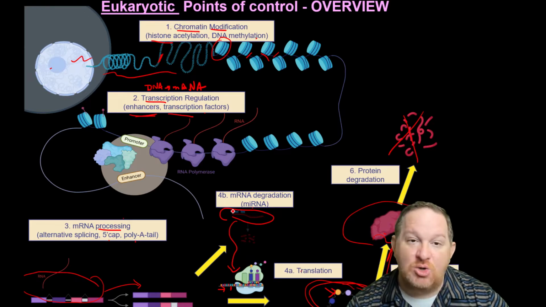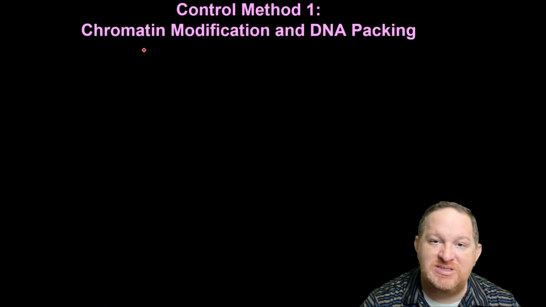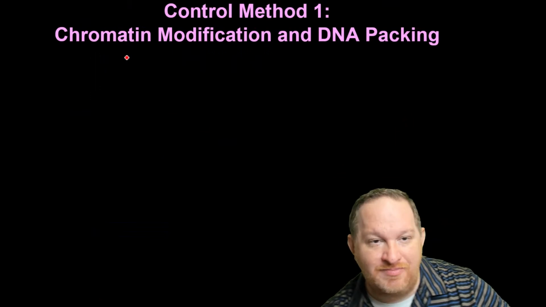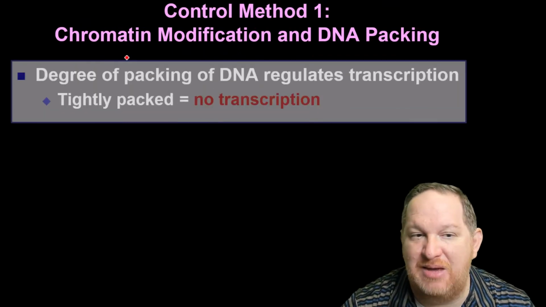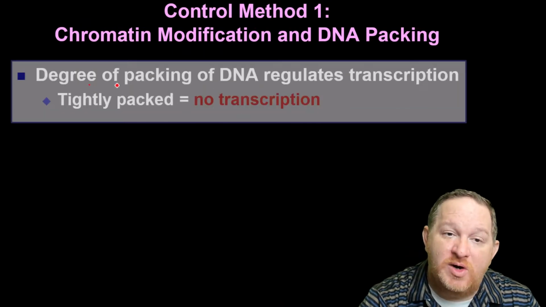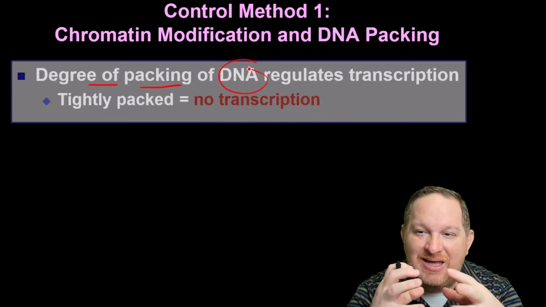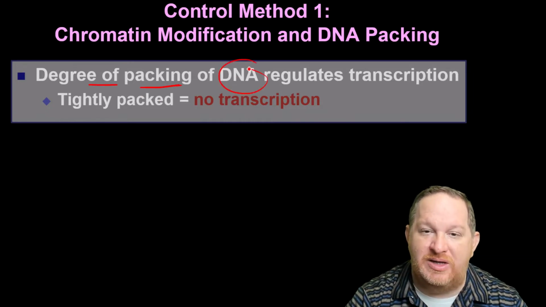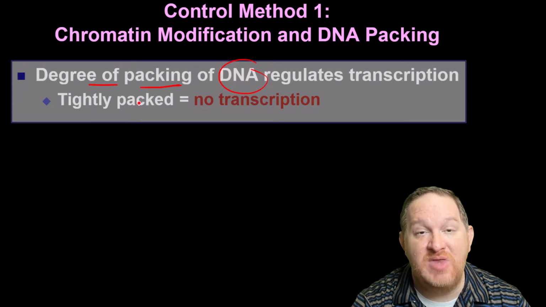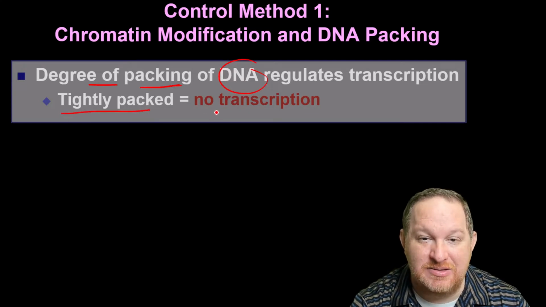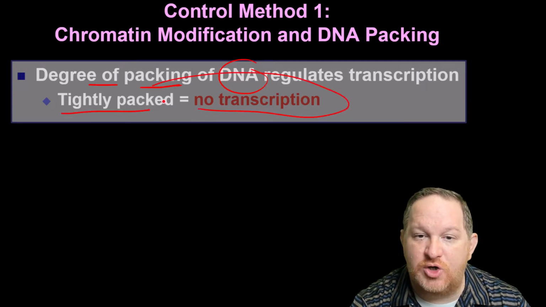Okay, so let's start with chromatin modification. So control method 1 is chromatin modification in DNA packing. So the degree of the packing of the DNA, how tightly that DNA is coiled up in that nucleus, regulates transcription. If it's really tightly packed, right, no transcription will occur.